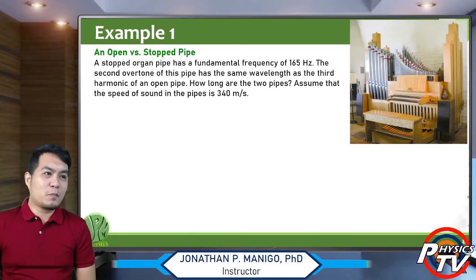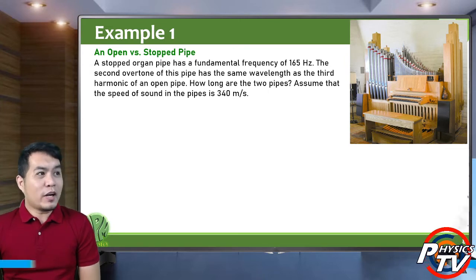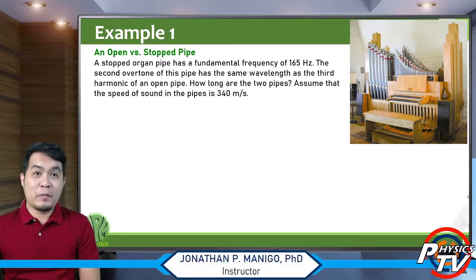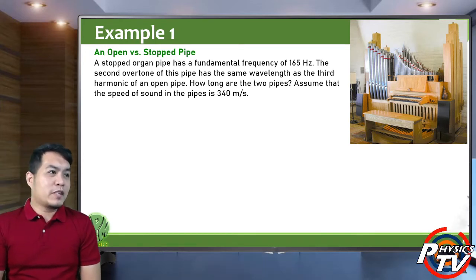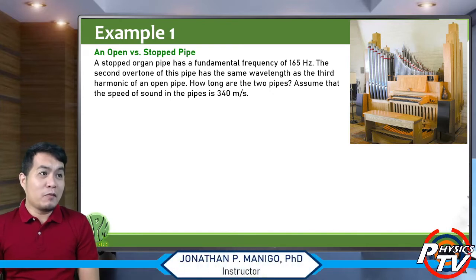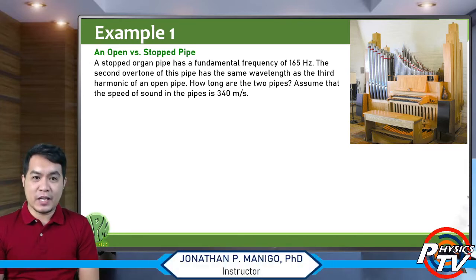Okay, let's have an example. This is a comparison between an open and a stop pipe. A stop organ pipe, maybe in a church, has a fundamental frequency of 165 hertz. The second overtone of this pipe has the same wavelength as the third harmonic of an open pipe. How long are the two pipes? Assume that the speed of sound in the pipes is 340 meters per second.